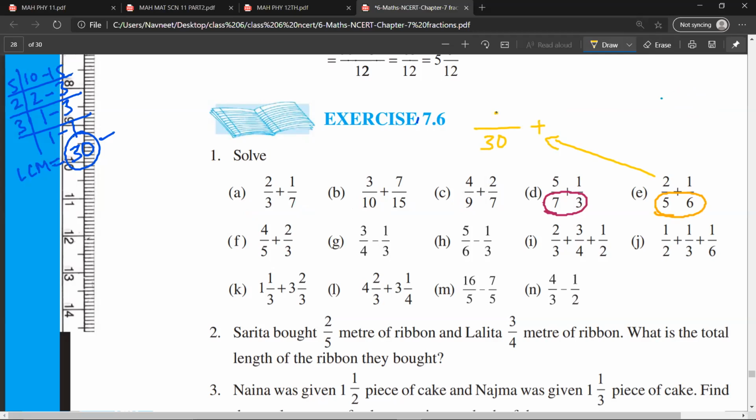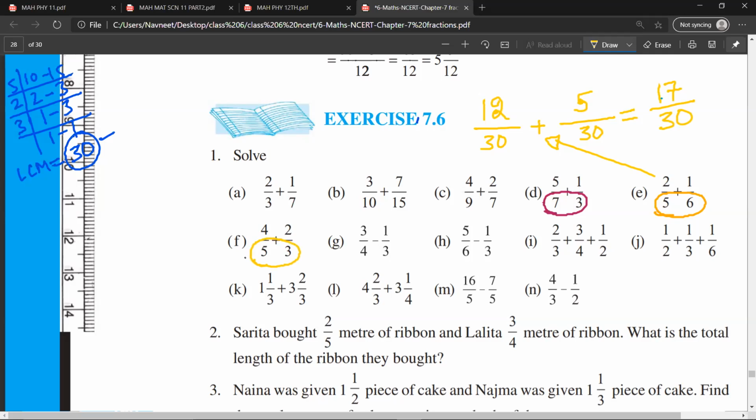And 1 upon 6 I can write as something upon 30. So what should I write here and what should I write here? 12 and 5. So 5 times 6 is 30, 6 times 2 is 12, and 6 times 5 is 30. What would be the final answer? 17 by 30. Perfect. Very nice.